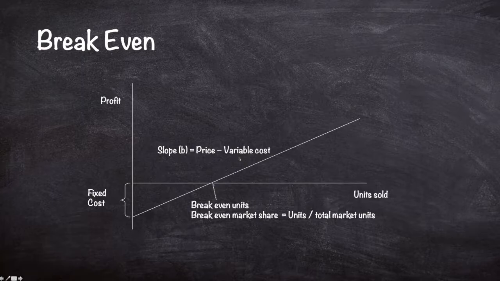You have some fixed cost as well, that is always there, but that doesn't change with the units. It's the same no matter how many units you sell. But the variable cost, you deduct that from the price, then you get a slope.